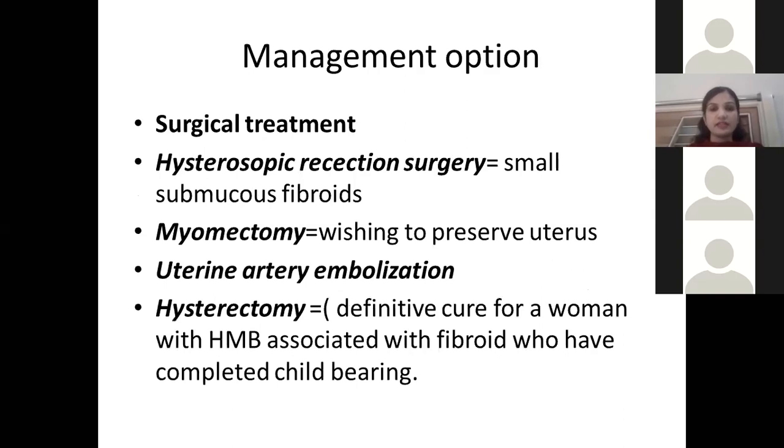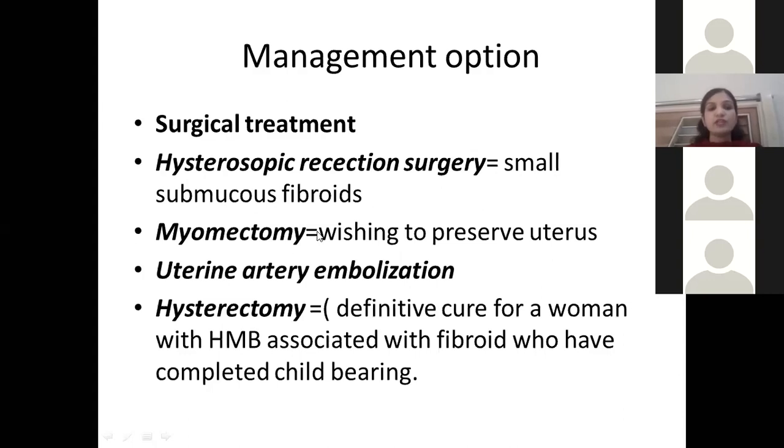The last option is the surgical option. The definitive, permanent treatment of the fibroid is hysterectomy. But we don't perform this surgery in all patients, because once the uterus is removed, the woman has no fertility option. So we have some other options also. Number one is hysteroscopic resection.